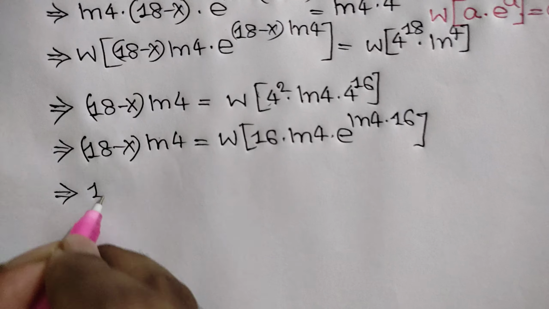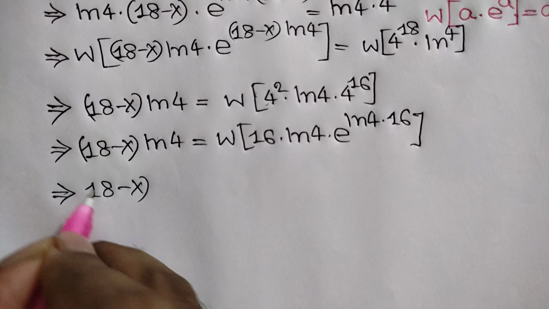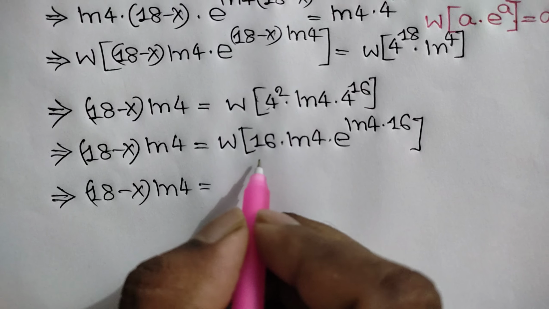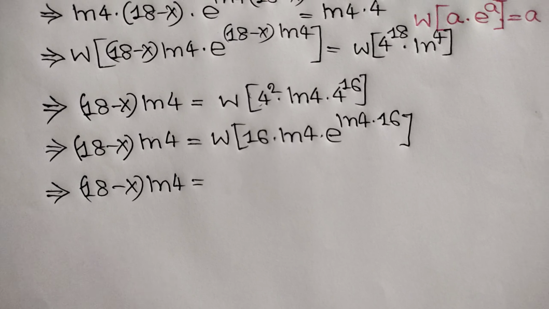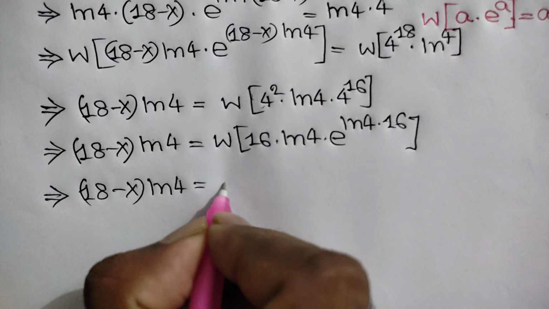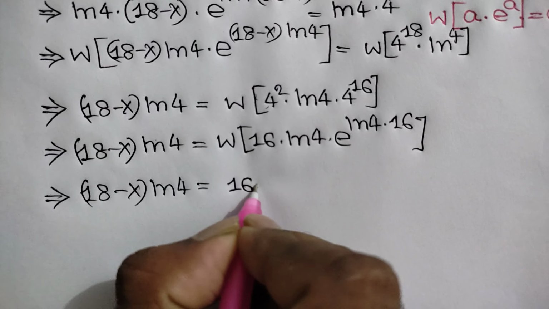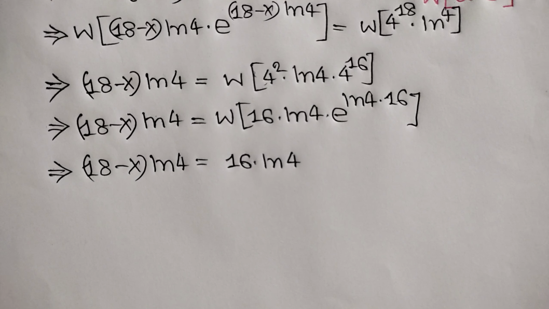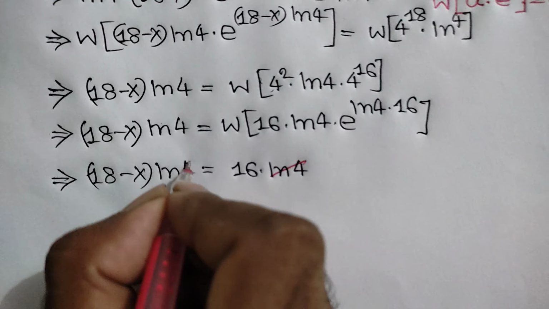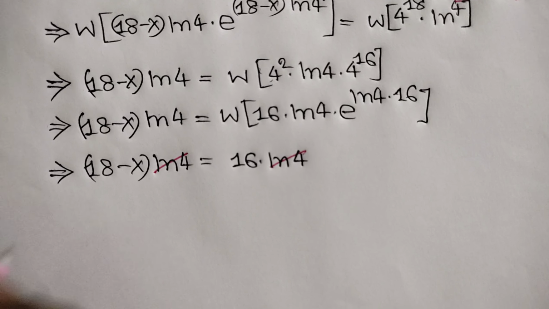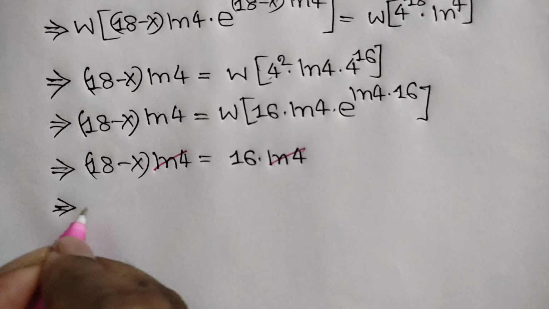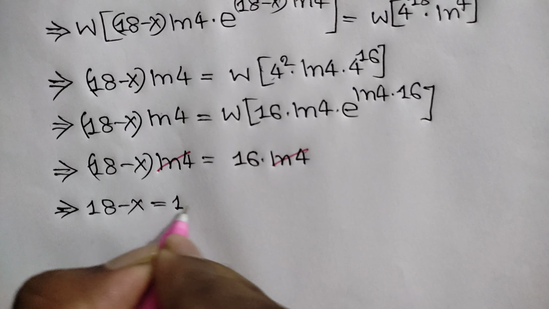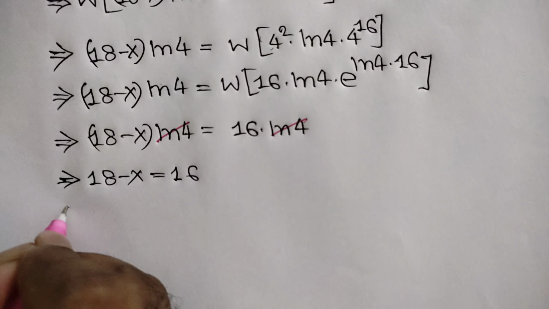18 minus x times ln of 4 is equal to, according to the Lambert W function, we will get 16 times ln of 4. Now this ln of 4 cancels out this ln of 4, so we can write 18 minus x is equal to 16.